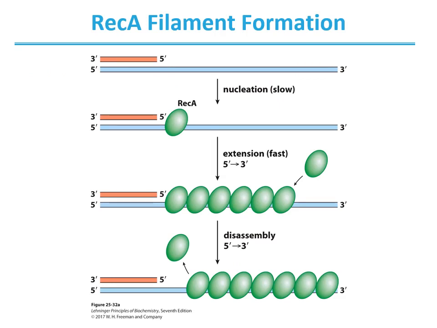Filament formation proceeds in discrete nucleation and extension steps. Nucleation is the addition of the first few RecA subunits. Extension occurs by adding RecA subunits so that the filament grows in the 5' to 3' direction. When disassembly occurs, subunits are subtracted from the trailing end.